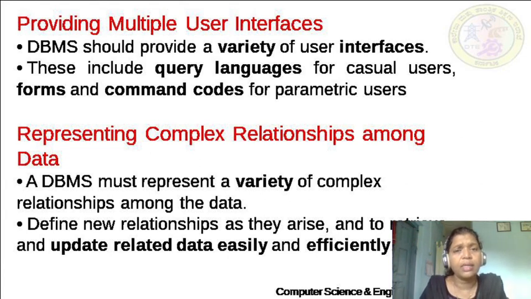For an overall transaction they want to use only one key, one particular command code, because they want their operations executed in a simpler, easier manner. So I can categorize bank people as which type of users? Naive or parametric users who are continuously querying the database. So command codes can be used for parametric users. These are the examples. Every different user can have a different interface.